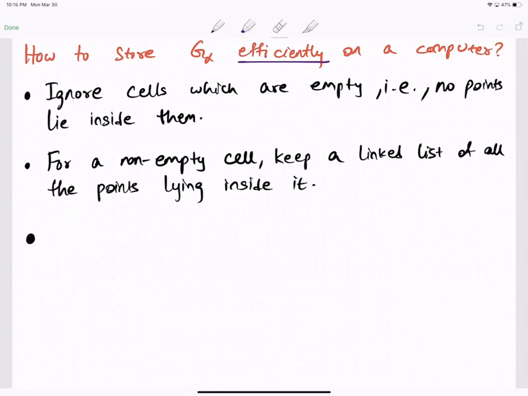Actually, I should take that back. They need not be integers because it depends on alpha. But the point is they have unique values, and that is good enough for our hashing.